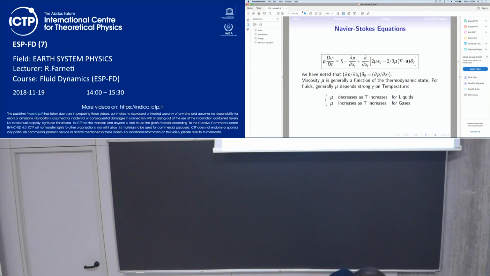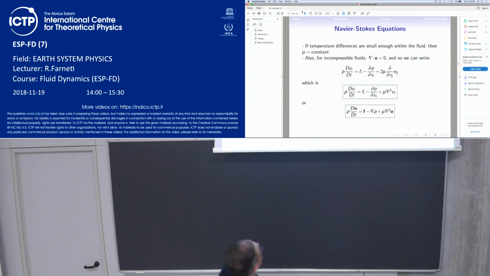Then you make the assumption of incompressibility, so that divergence term is equal to 0, and you're just left with this momentum equation. So your mass times your acceleration is equal to a body force, plus the pressure gradient, plus any stress on the surface, or whatever you want those stresses to be.